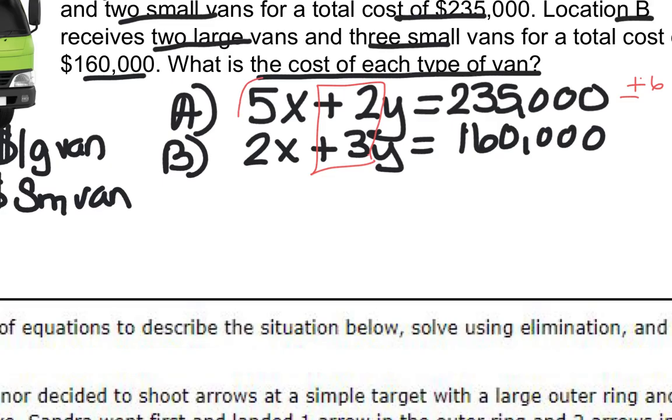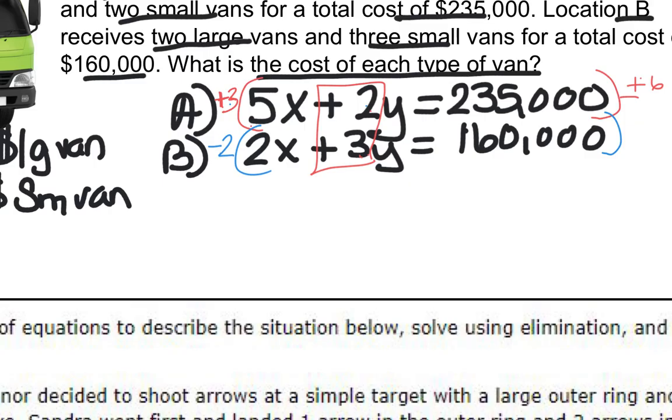So if I multiply this by +3, that'll give me +6. So for this one to be -6, I'll need to multiply it by -2. 3 times 2 is +6, -2 times 3 is -6.